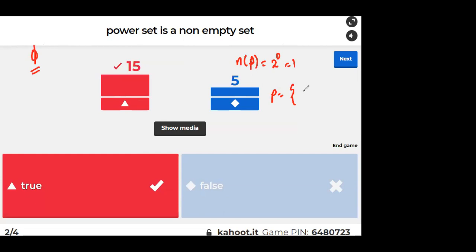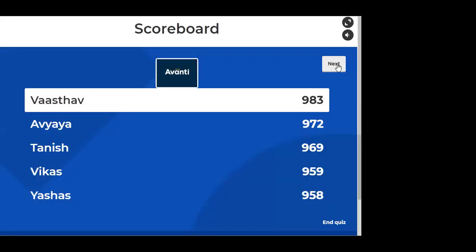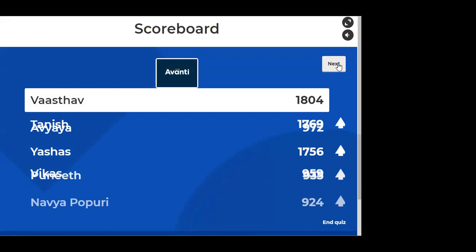But if you write phi in curly brackets, it becomes a set with only one element, which is phi. So that is the one mistake that I made. I hope all of you understood this. Is it clear?